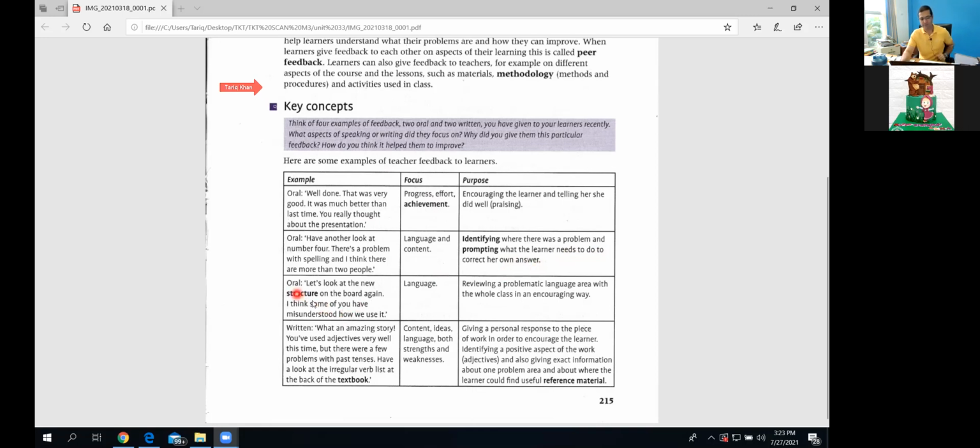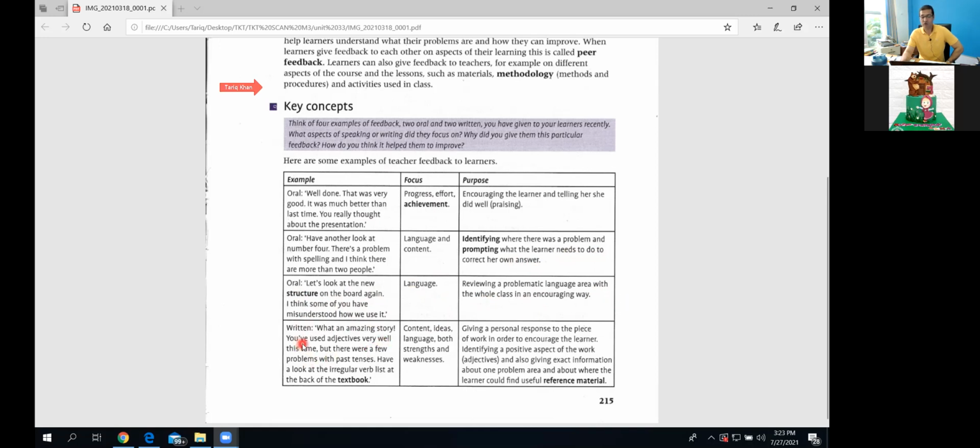Next, oral: "Let's look at the new structure on the board. Again, I think some of you have misunderstood how we use it." This is for language, when you explain on the board that overall mistakes are there. The purpose is reviewing a problematic language area with the whole class in an encouraging way.